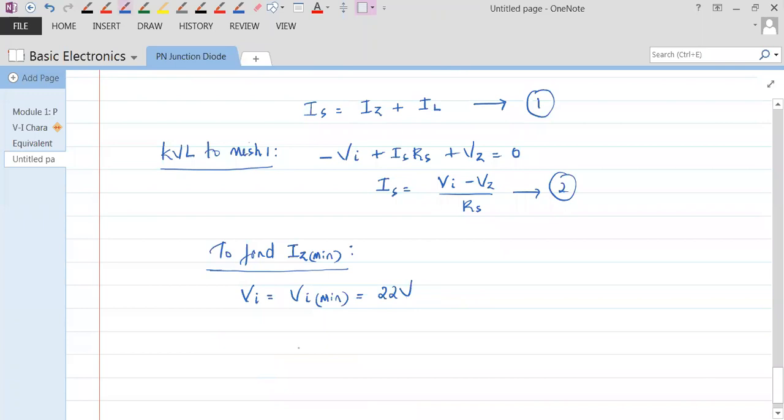Therefore, IS minimum is VI minimum minus VZ divided by RS. VI minimum is given to be 22 volts. Are we given VZ? Yes, VZ is 10 volts, they have given.